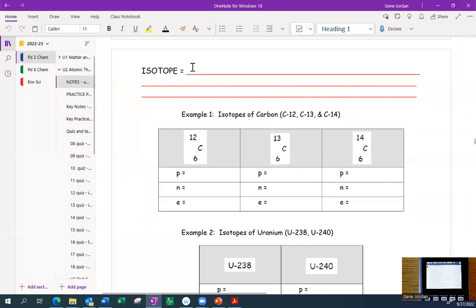An isotope is an element that has atoms of the same element but different mass numbers. So it's the same atomic number, different mass numbers.